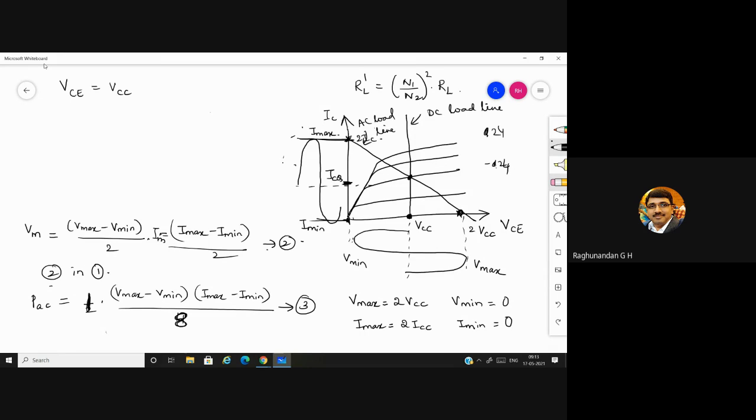Now substitute these values in this equation: (Vmax minus Vmin) into (Imax minus Imin) divided by 8. On substitution, we get 2 VCC minus 0 into 2 ICQ minus 0 divided by 8.